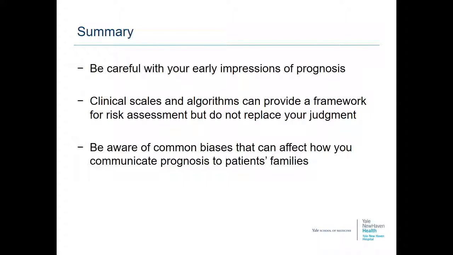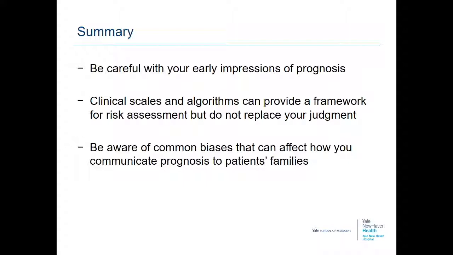To summarize this particular presentation, we would encourage you to be careful with your early impressions of prognosis, especially understanding how uncertain these can be and how variable impressions of prognosis can be, even among expert providers. Clinical scales and algorithms can provide a framework for risk assessment, but do not replace, at the end of the day, expert clinical judgment.